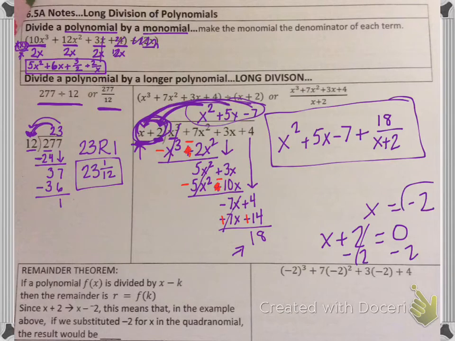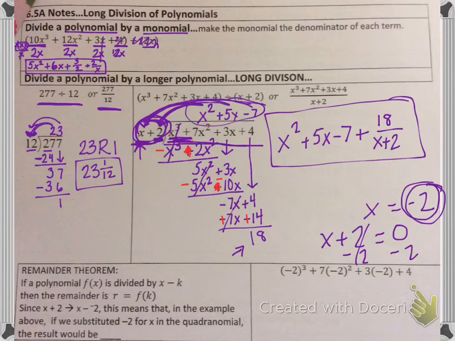If you plug in negative 2 into that original polynomial, x to the third plus 7x squared plus 3x plus 4, let's see what you get. It should give you your remainder, which we know to be 18.